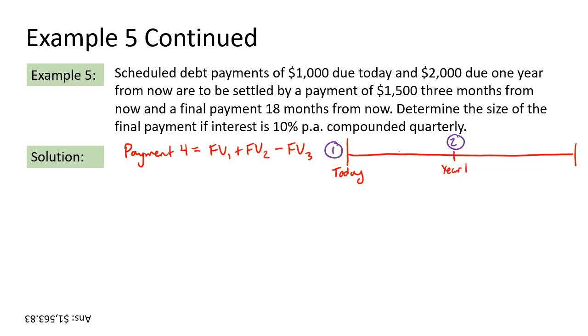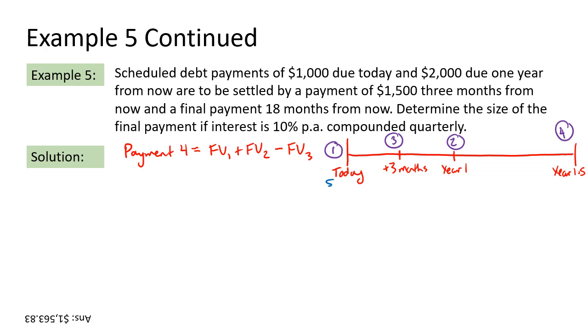The third one, your first payment that you made, was actually three months from today. We're calling that item 3. And our last payment that you're going to make instead of your scheduled payments is 1.5 years from now. That's also the focal date, or the period that we're trying to find, and that's payment number 4.